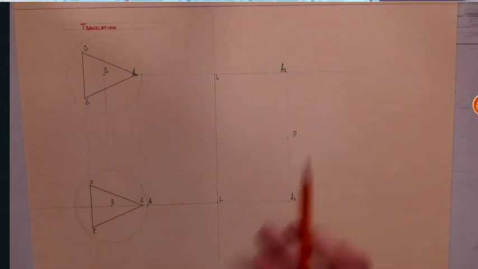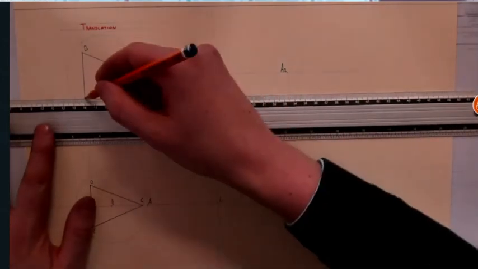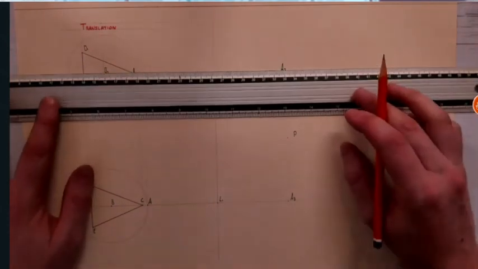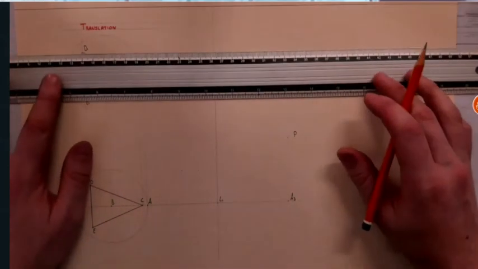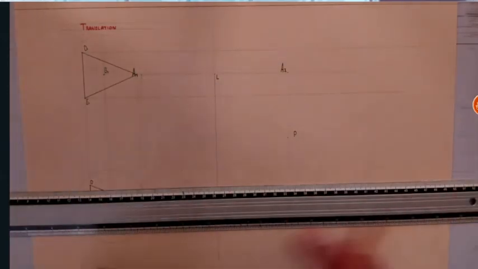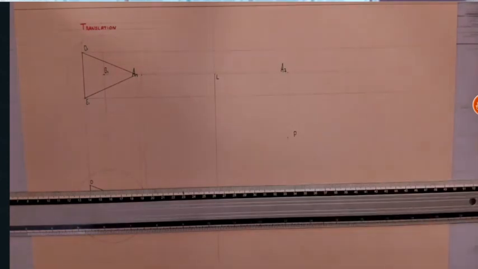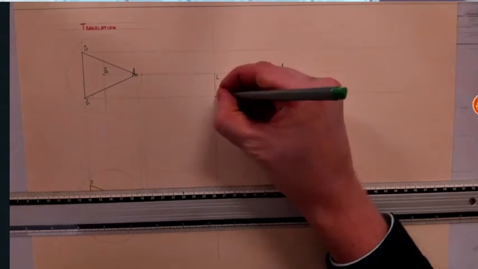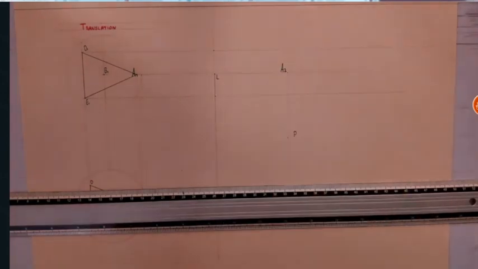So I'm going to send all these lines across, construction lines. And we are going to mark the 3 points here where it cuts the axis. Okay, so these points are this point here, this point here, and this point here.